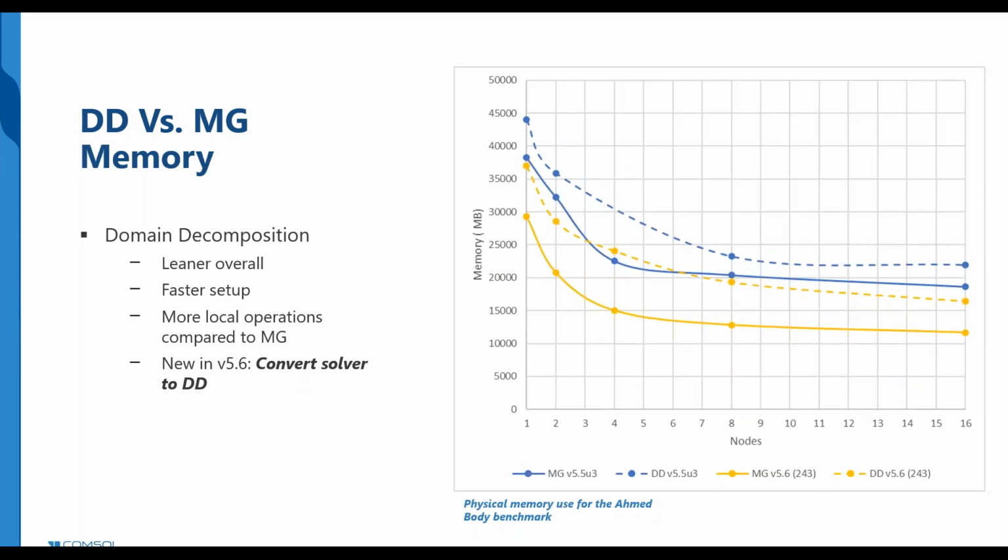Here is how the memory numbers behave. Multigrid is still the better alternative for this test. We believe we can change this so that also for memory, we can beat multigrid for this problem size. Notice, however, that the memory gain is growing faster for domain decomposition than multigrid, which almost levels off here.